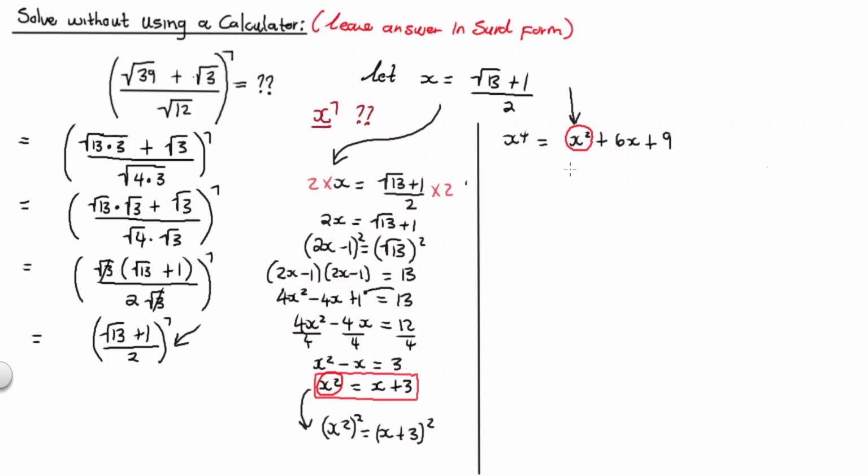So I'm trying to keep it to x squared and x. So x raised to exponent 4 is equal to, where there's x squared, I'm going to substitute x plus 3, plus 6x plus 9. Then x raised to exponent 4 is equal to the x and the 6 gives us 7x. The 3 and the 9, that's 12. 9, 10, 11, 12. Yes, that's 12.